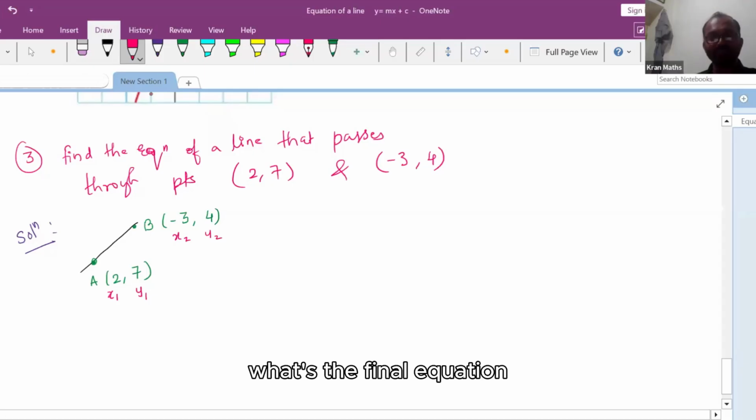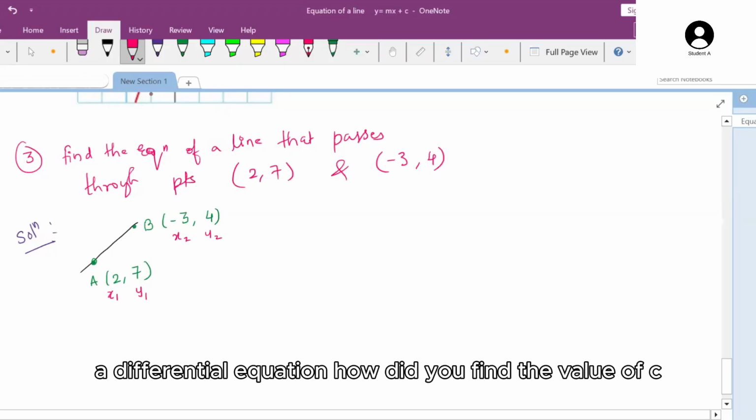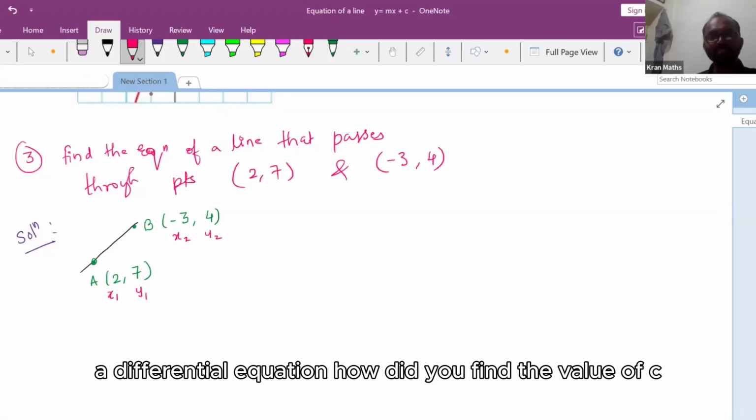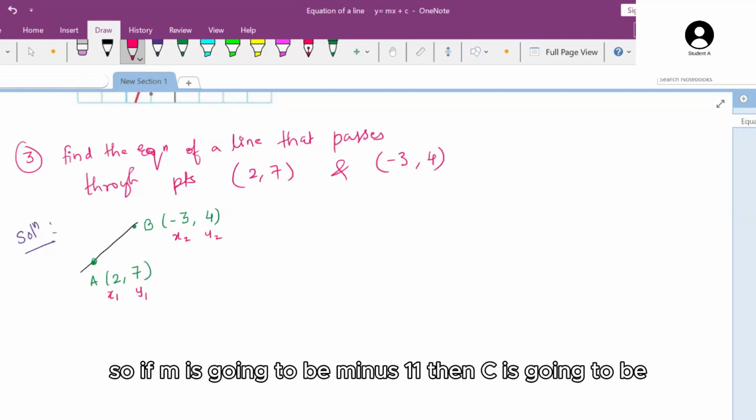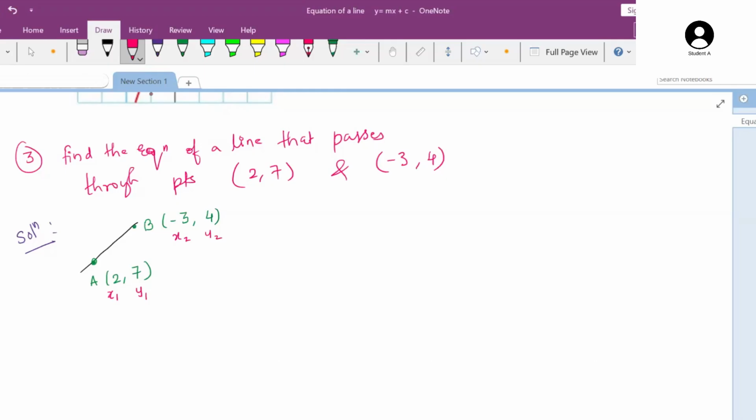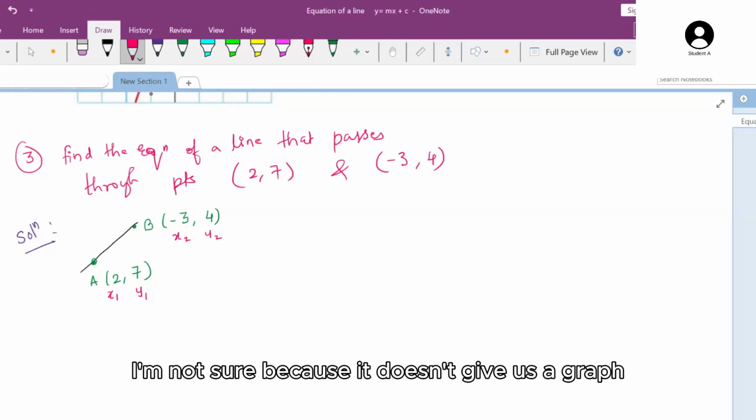What's the final equation? How did you find the value of c? If m is going to be -11, then c is going to be, I'm not sure because it doesn't give us a graph.